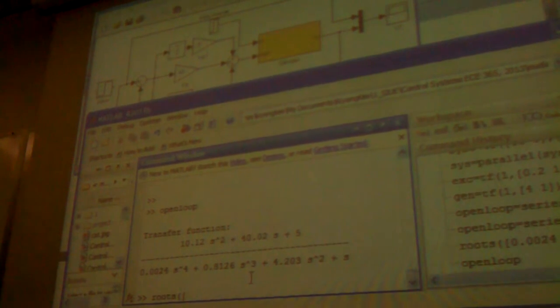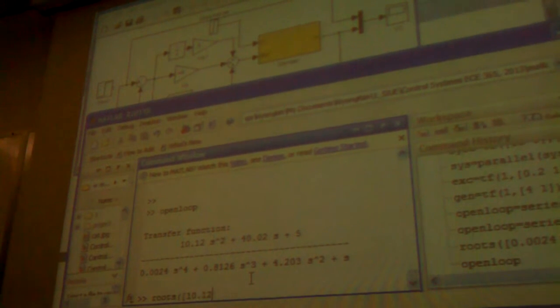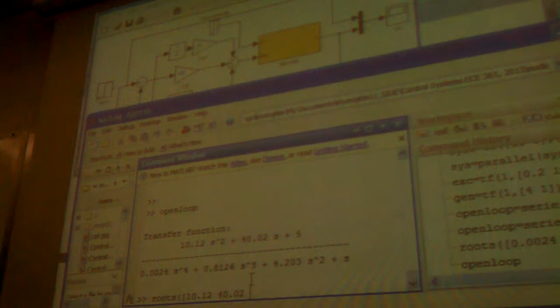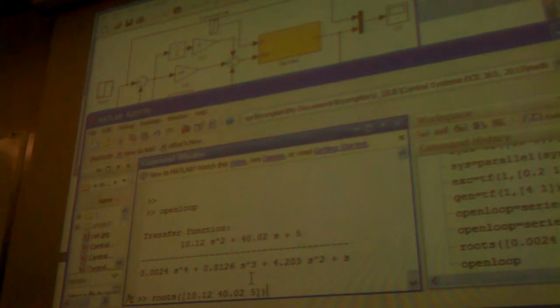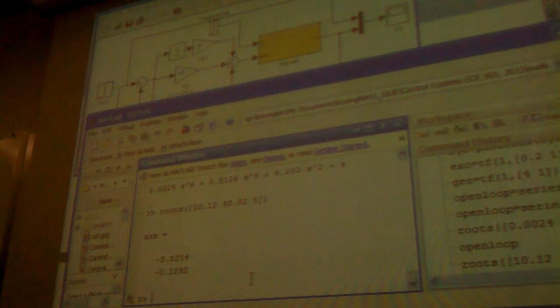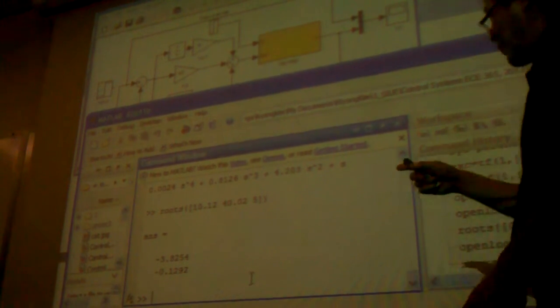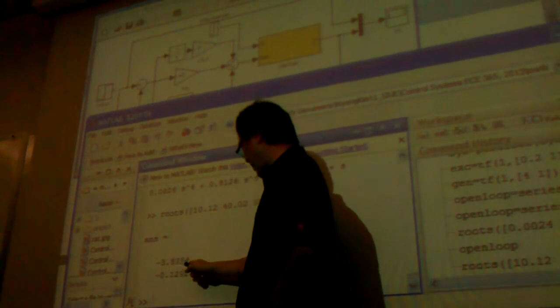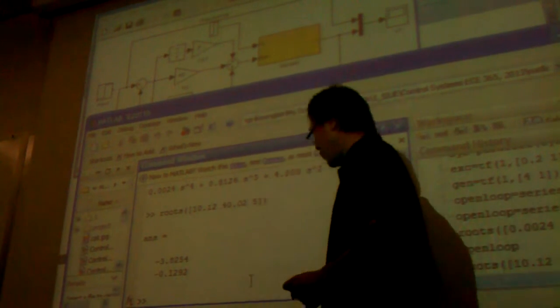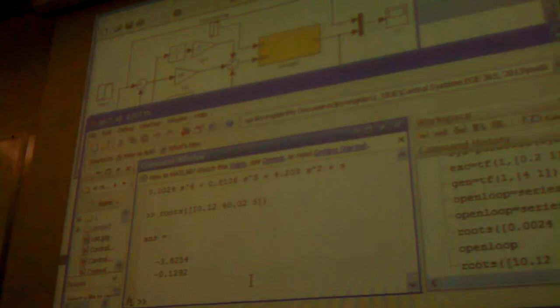So now it is 10.12, 40.02, and 5. So there are 2 zeros. So it will be minus 3.825 and minus 0.1292.